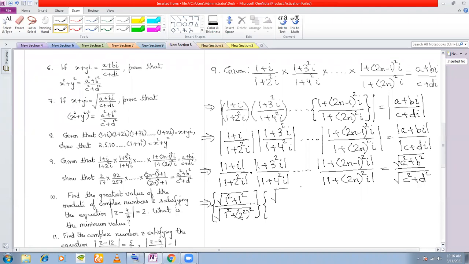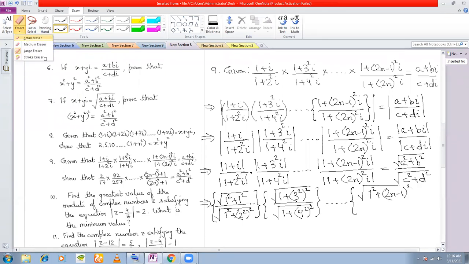And here this is root over of 1 plus 3 square square, root over of 1 plus 4 square square. And this continues to get root over of 1 square plus 2n minus 1 square.